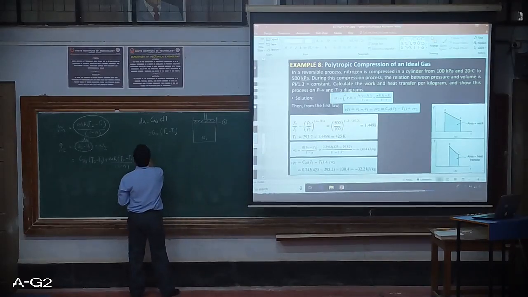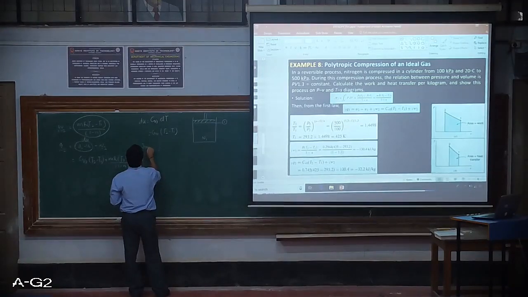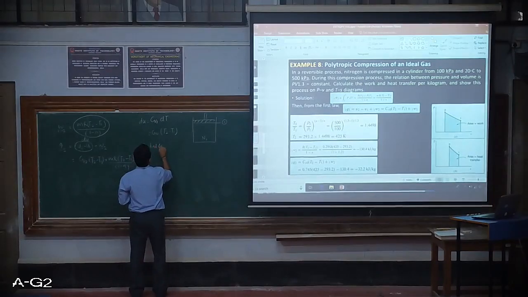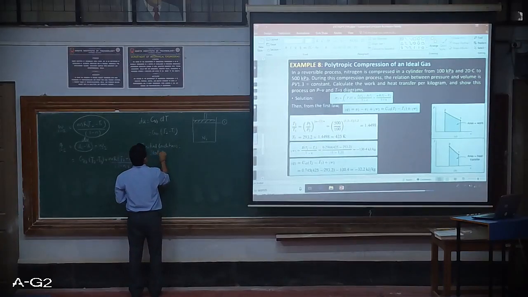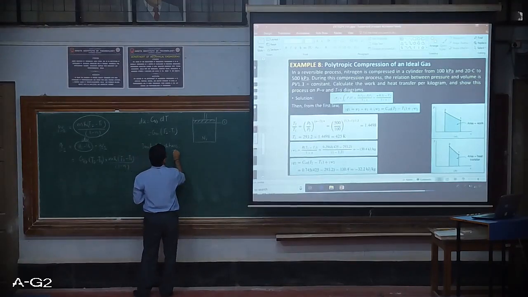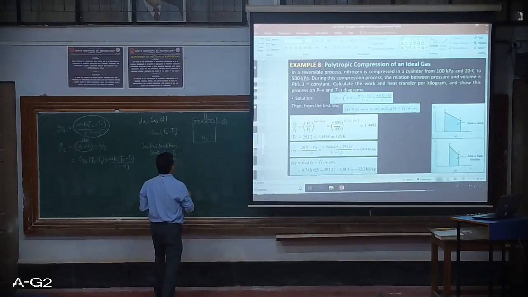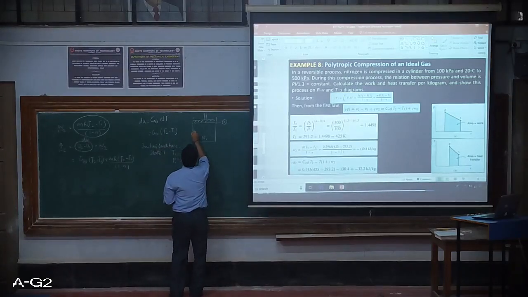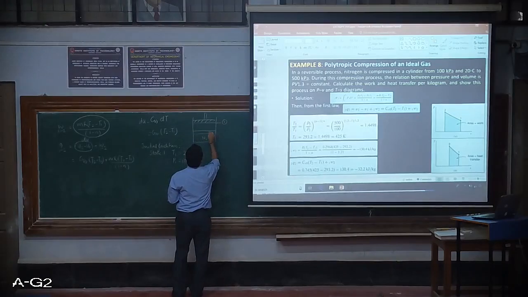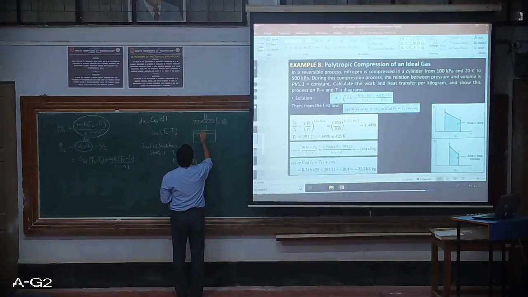Initial conditions, state 1, T1 and P1. Then the piston moves down, compressing the nitrogen.